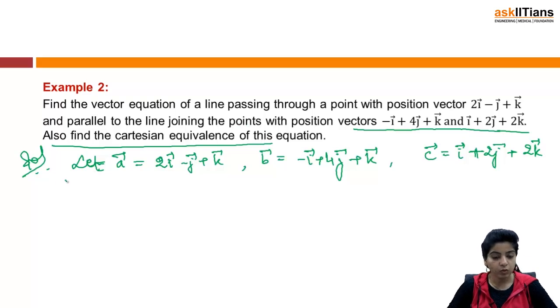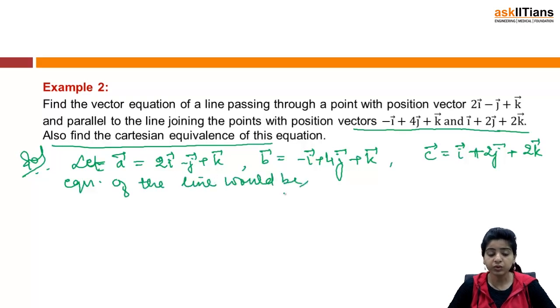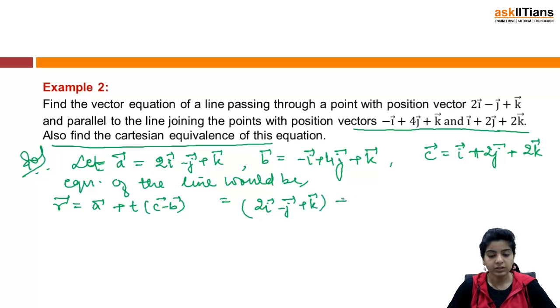So my A vector is this, B is this, and C is this. Now the equation of the line would be r equal to A plus t times C minus B, right? So this would be equal to, my A is 2i minus j plus k plus t times i plus 2j plus 2k minus, minus will become plus, minus 4j minus k. This is what we get.